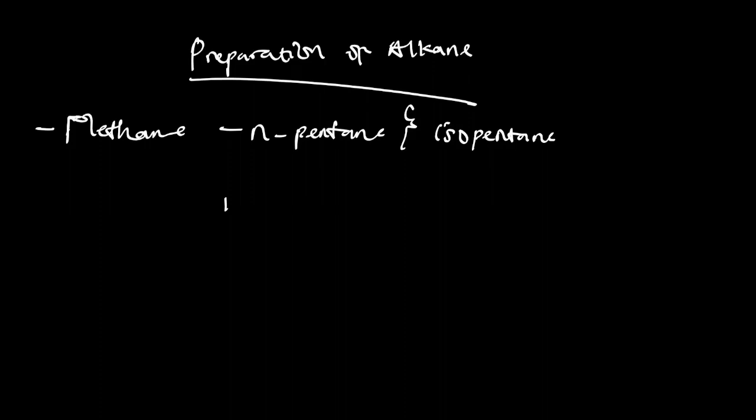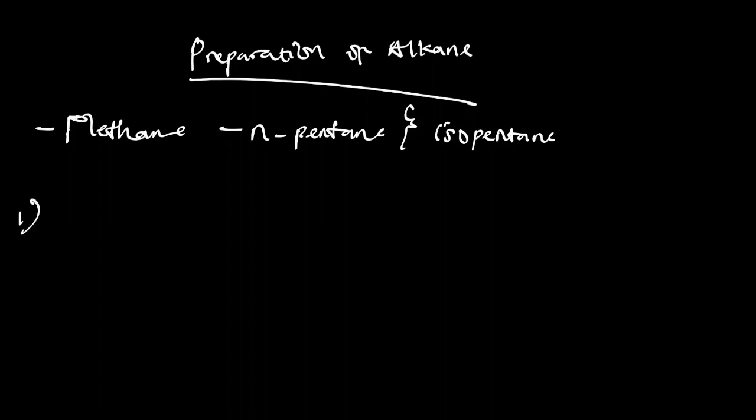There will be some lags. So it's not feasible to produce any alkane above isopentane through petroleum. So we now have to devise a methodology which we are going to be using, and I'll be taking you through that.